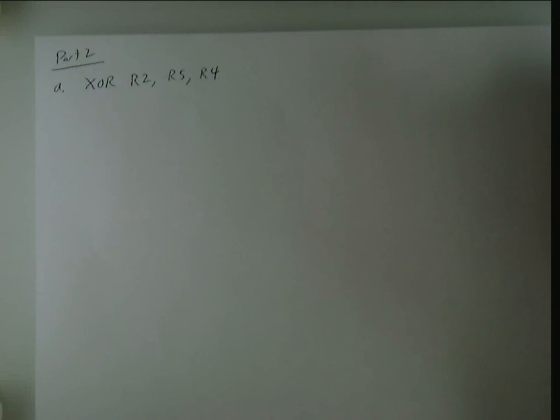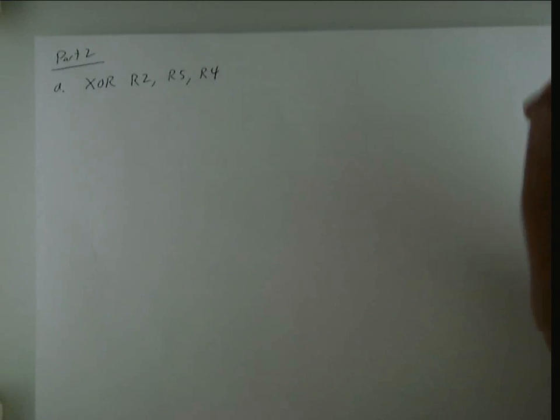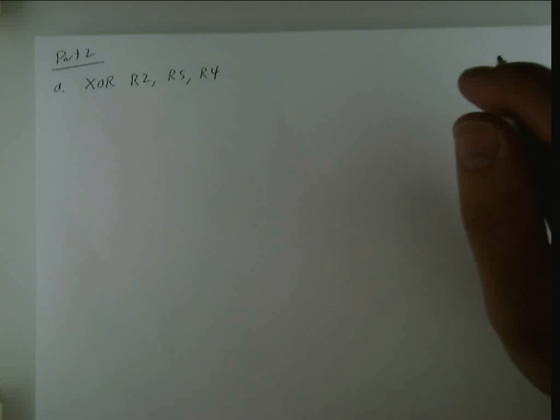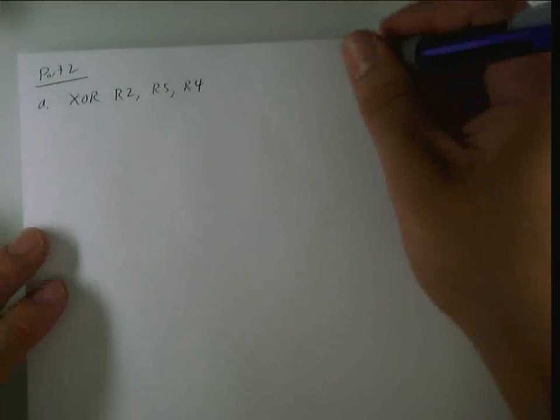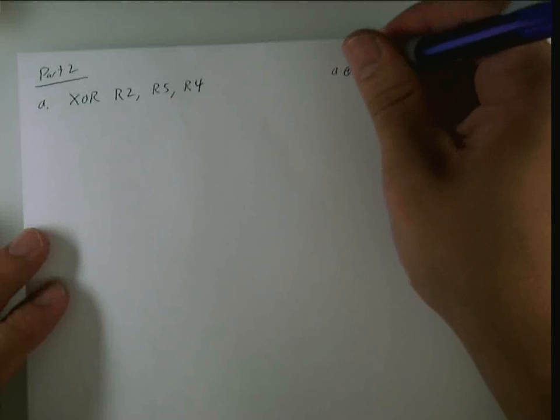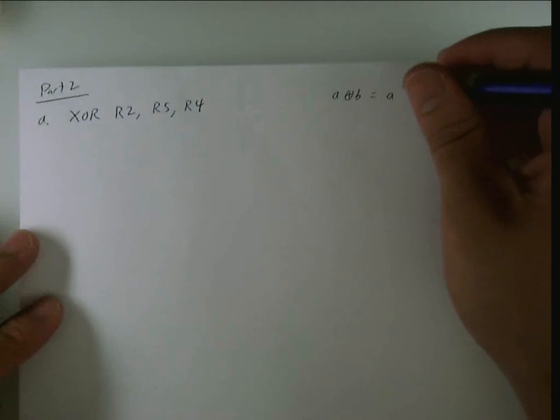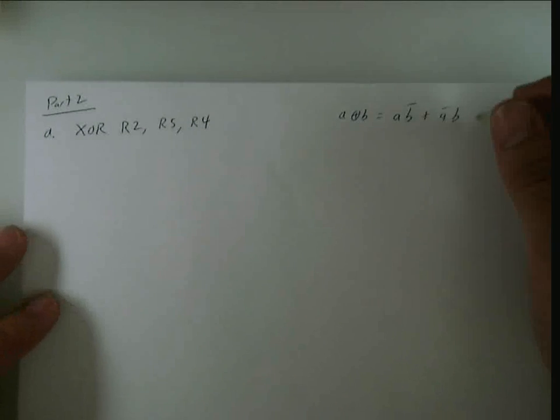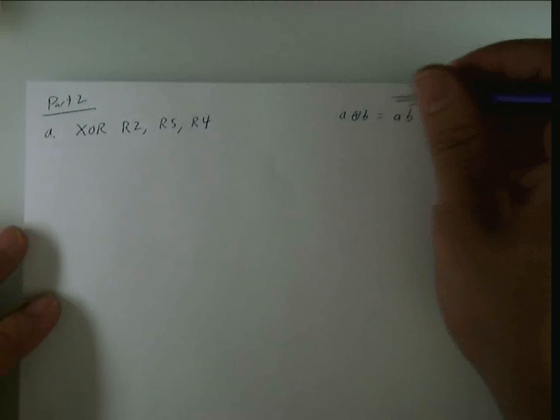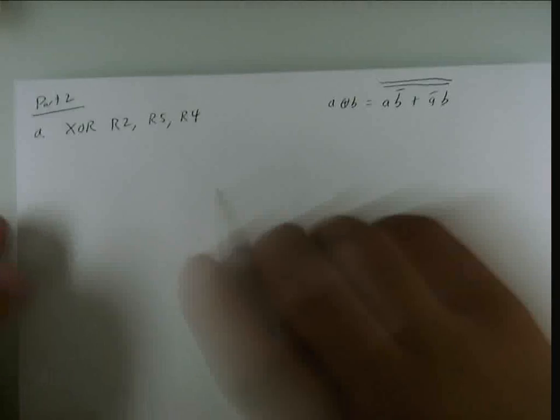And all I have in my architecture are AND, ADD, and NOT. Well, hopefully you remember this from earlier in the course that we can express any function with just NANDs and NOTs, pretty much. So basically, let's suppose I'm doing A XOR B. Well, that's just going to be equal to A B bar or A bar B. If I do involution, I double complement this, I should be able to make it all into just NANDs.